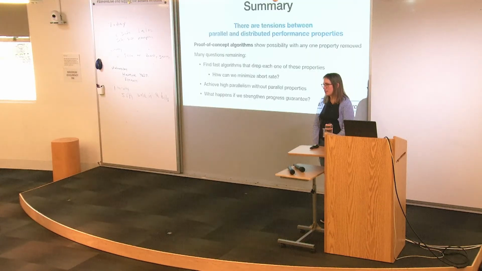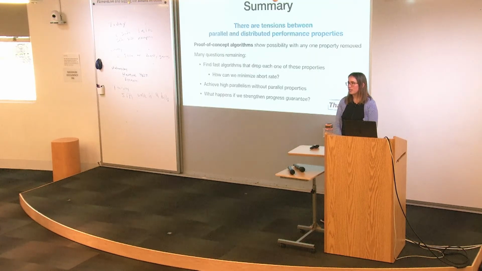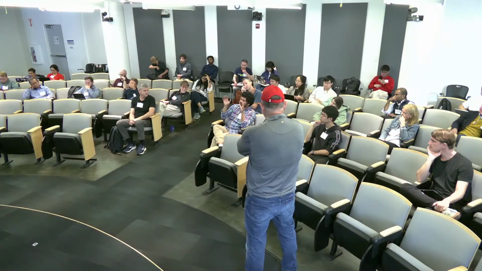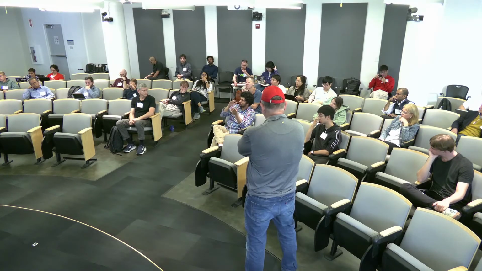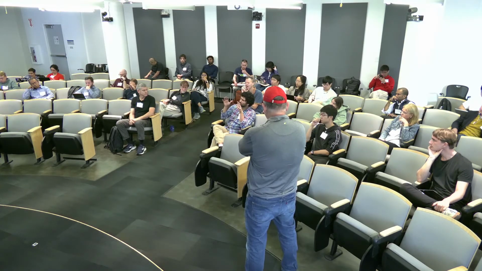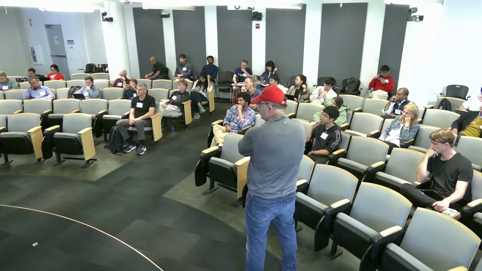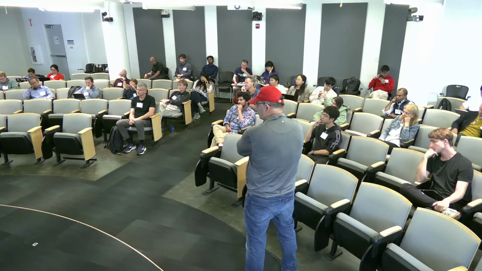I guess invisible reads is an example of a property that talks about the low-level system behavior as opposed to just the high level. Is it possible to restate the theorem in a way that all of the properties are stated only at the high level, without talking about implementation? I think if you only state them at the high level, then you're not really talking about shared memory parallelism.